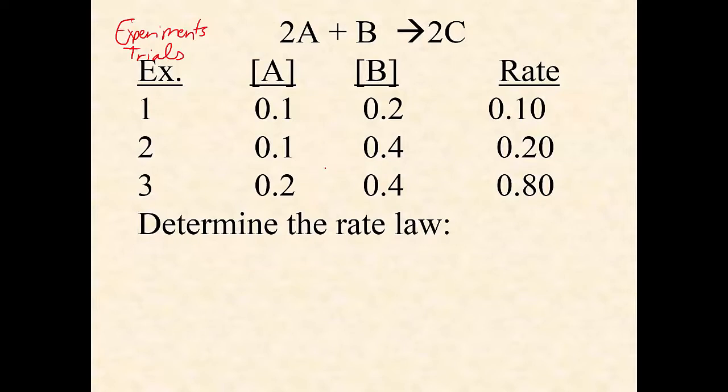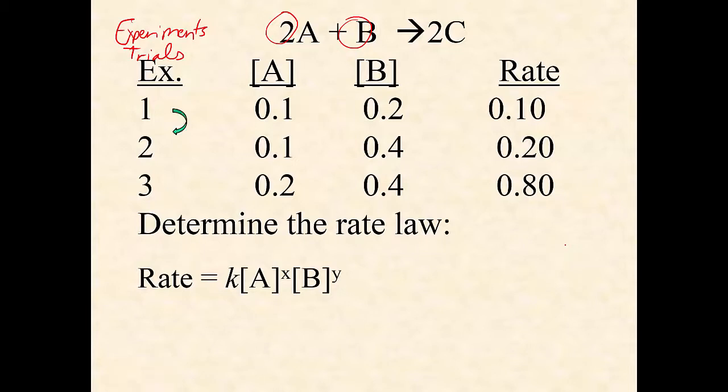What you have to find is where you held one constant. I know my rate law is going to be some k, A to the x, B to the y. Don't use the exponents from the equation. Sometimes it works out, but you don't know that. So find first where you hold one of the reactants constant.